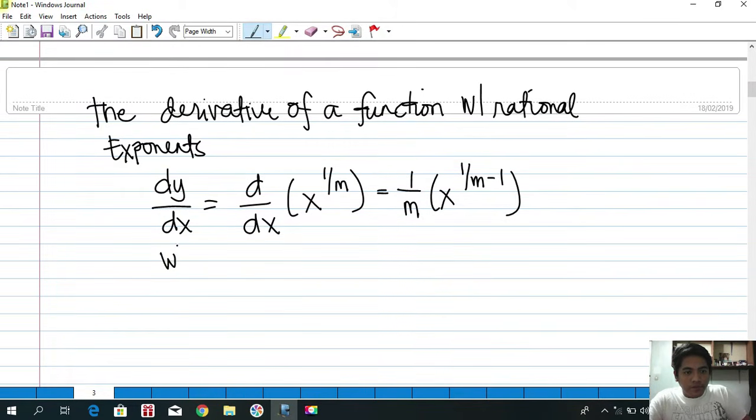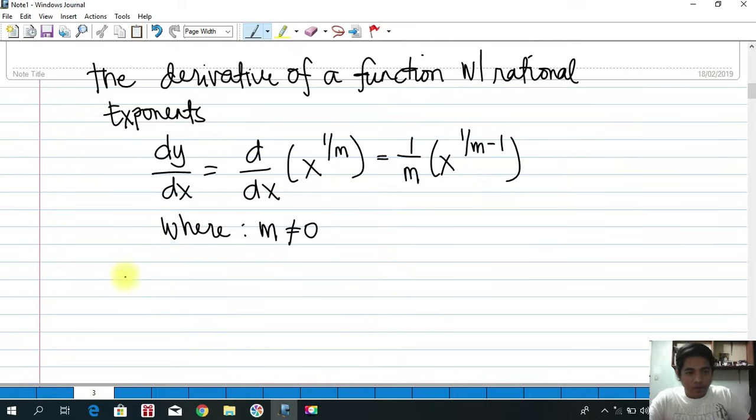Where m, take note, where, I'm sorry, let me just rewrite that. Where m should not equal 0. Okay? This shall be our formula.